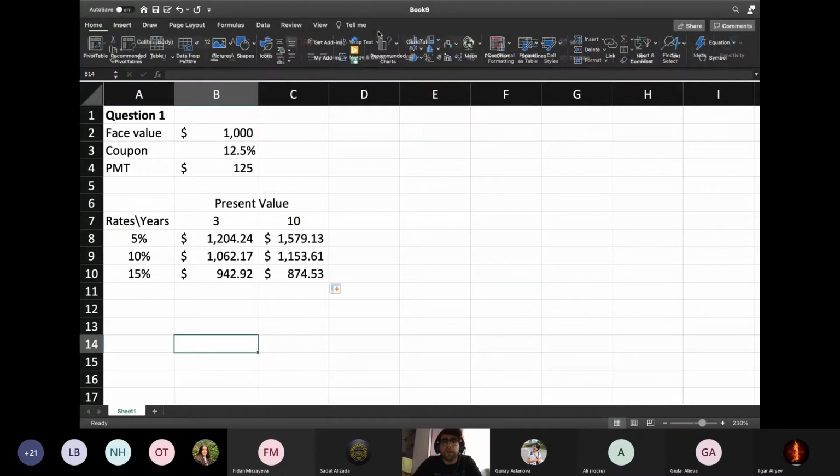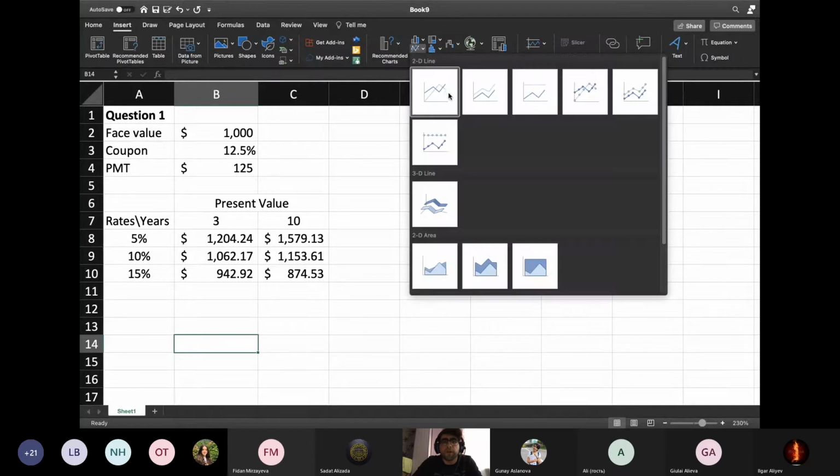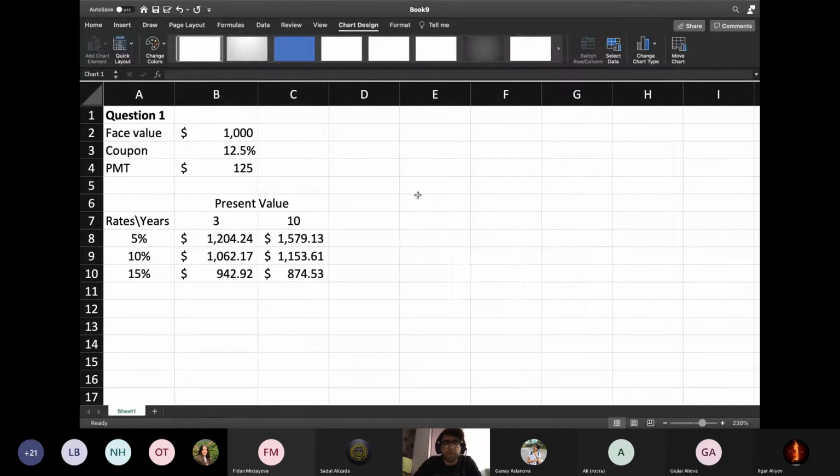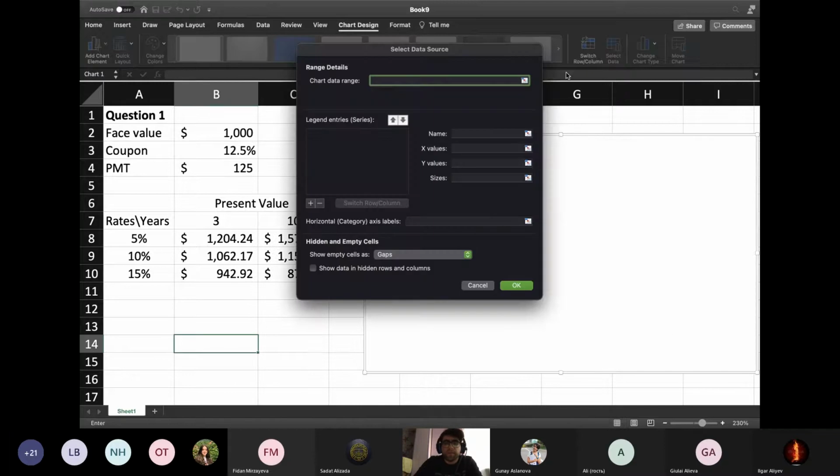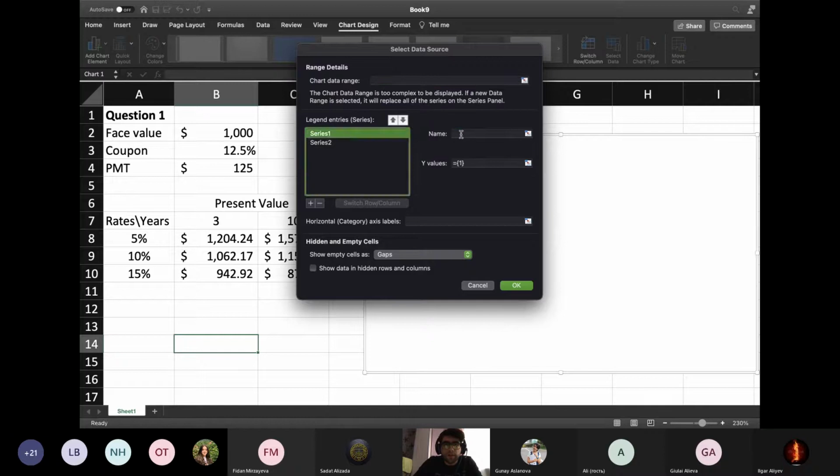We come to the chart part. We have lines here. I am selecting this one, and let's select data. Let me enter 2 series here. One series named 3 years, the other 10 years.